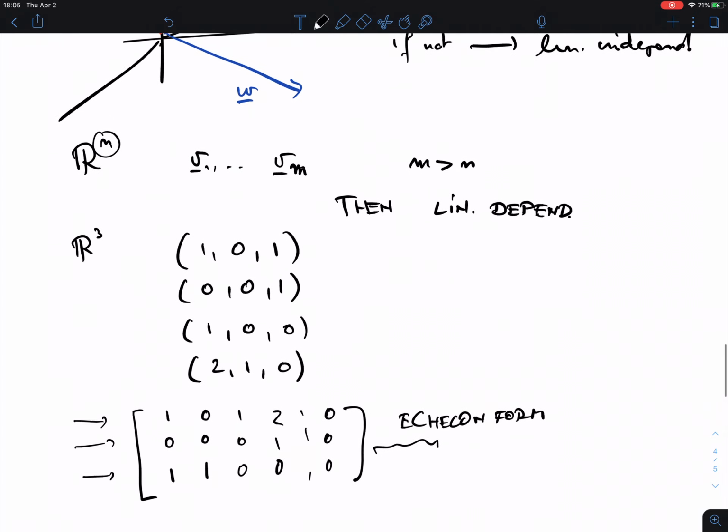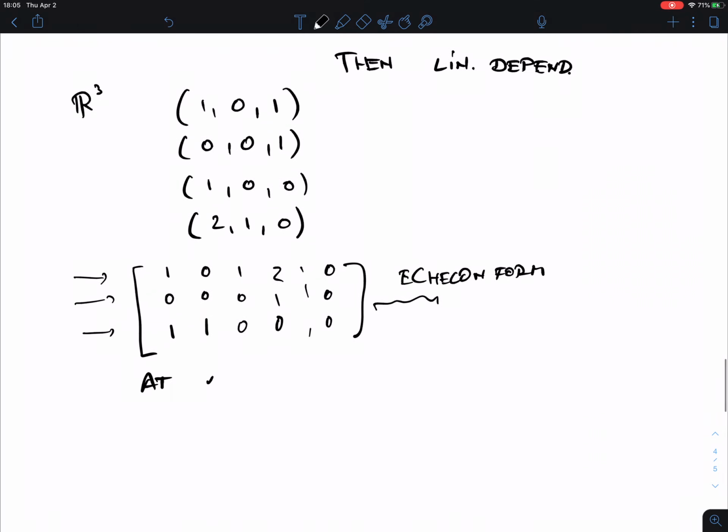So at most there can be 3 pivots. But pivots correspond to pivot variables, so at most 3 pivot variables. But there are 4 variables because we have 4 columns. So that means at least 1 free variable.